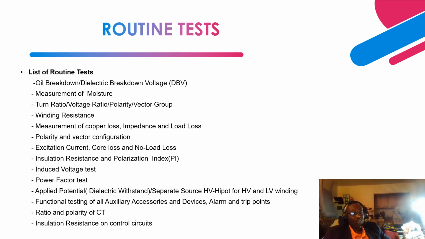At the end of the test, that's when we measure the partial discharge activity, to determine if the insulation integrity is intact and there are no voids inside the insulation.